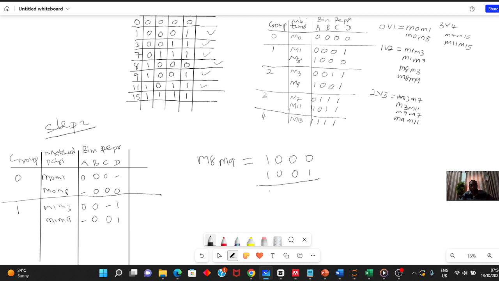So 1 with 1 is 1, 0, 0, 0 with 0, and 0 with 1 you put a dash. So we are keeping this because the change happened in just one instance. So M8, M9: the binary representation is 1, 0, 0, and then dash.